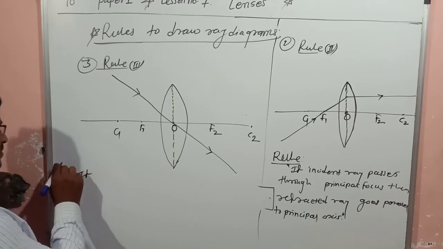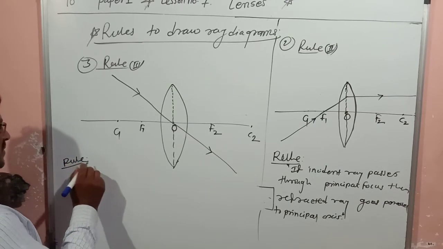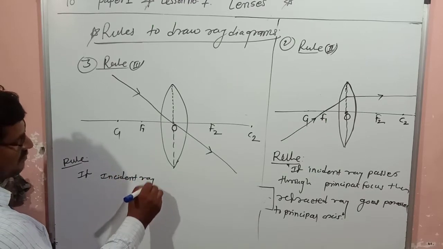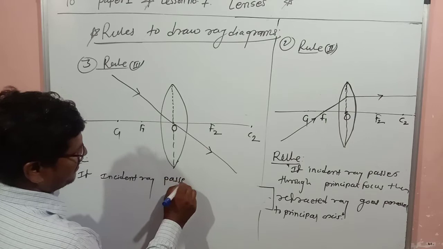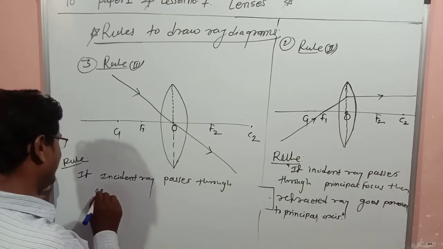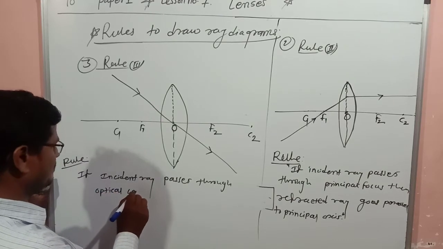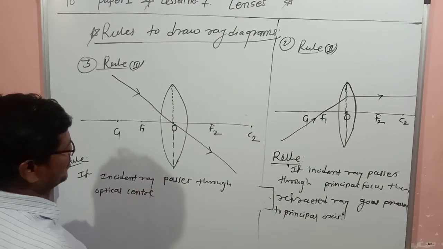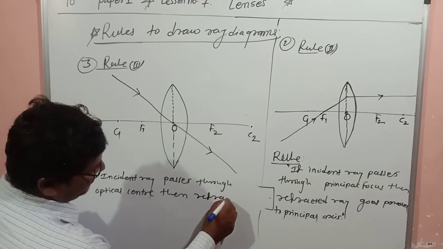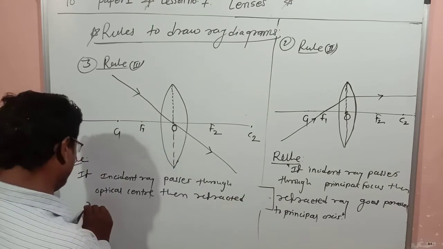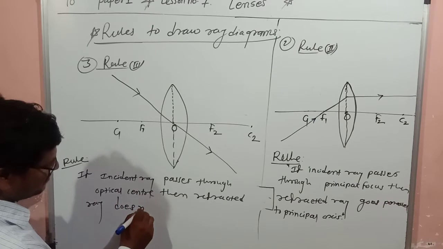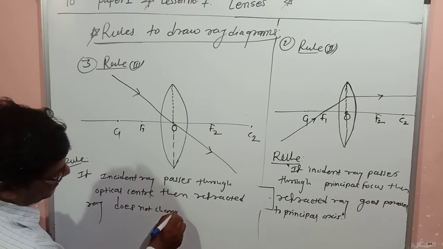So the rule is: if the incident ray passes through the optical center, then the refracted ray, or you can also say the emergent ray, does not change its direction.